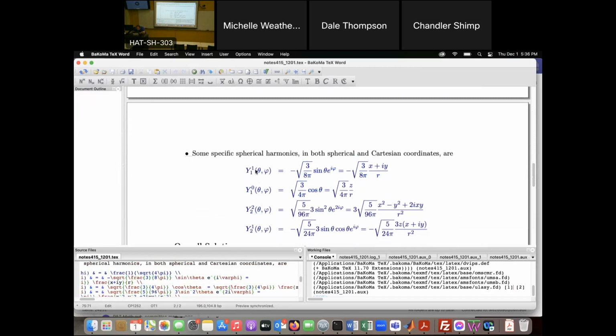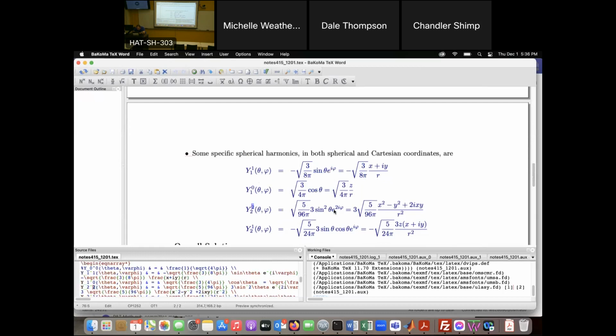The superscript is the integer that goes in the exponent of the complex exponential. So for instance, here we have a 1, so we have e to the i 1 times phi. And here we have a superscript of 0, so there's no complex exponential at all. Here we have a superscript of 2, so we have e to the 2i phi. And then the subscript and superscript together indicate which associated Legendre function multiplies that complex exponential.